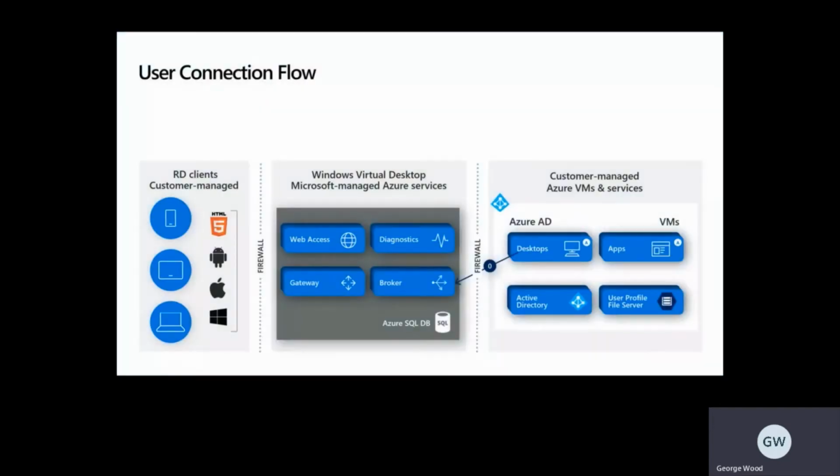So to begin with, we've got the architecture and taking a look at the user connection flow, which is quite an important concept to understand. If I just talk through this slide a little bit, on the left hand side we've got all of the remote desktop clients.